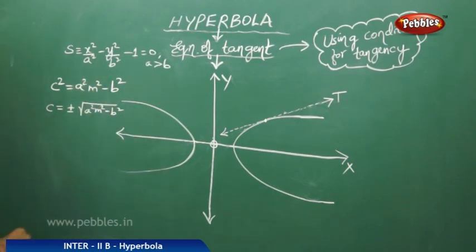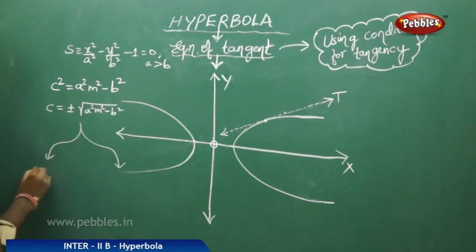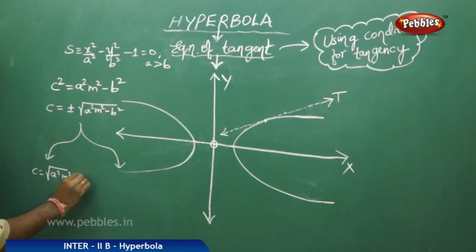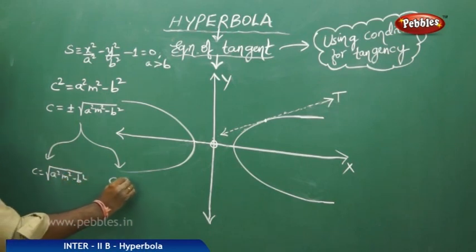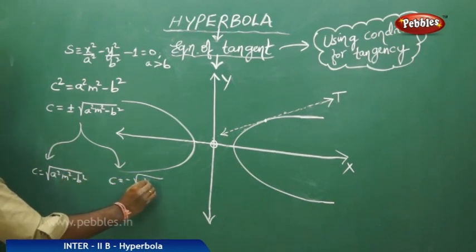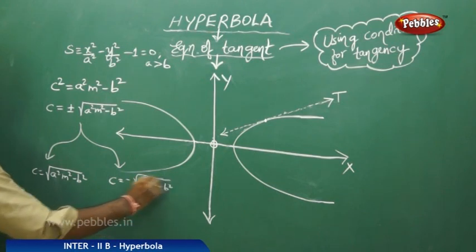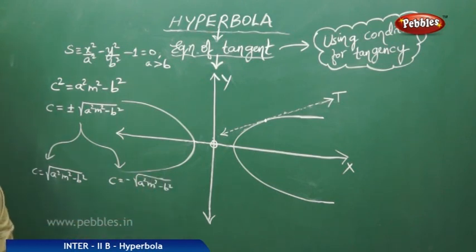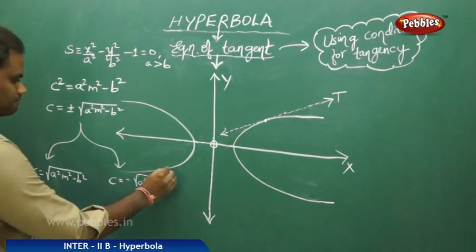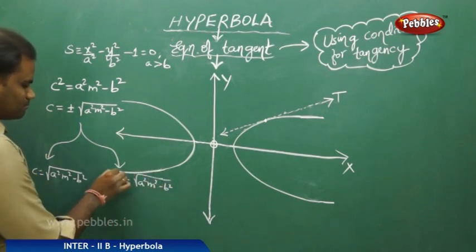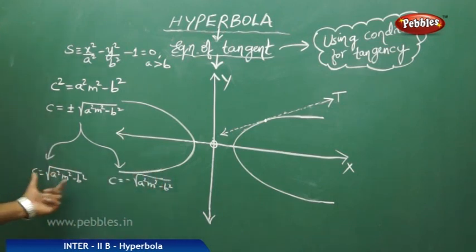That is, there are two values for c: one with c equals root of a square m square minus b square, and the other with minus root of a square m square minus b square. So how do we get these two lines is the biggest question.